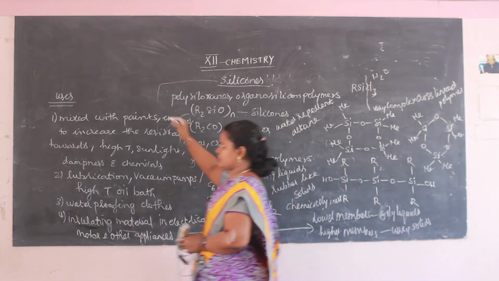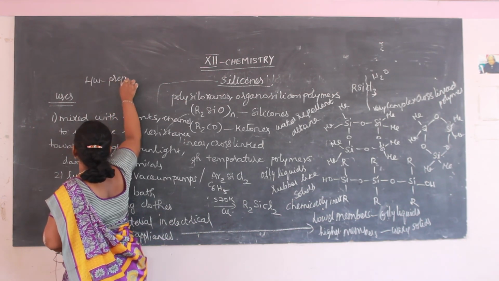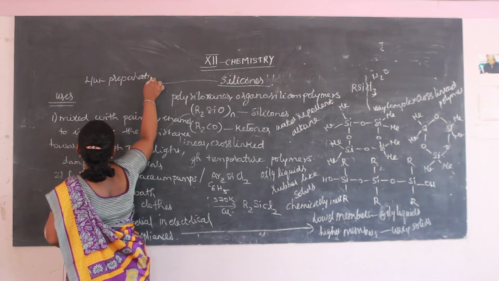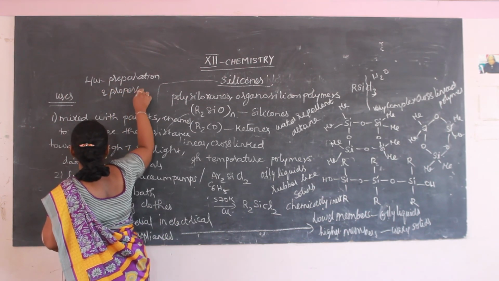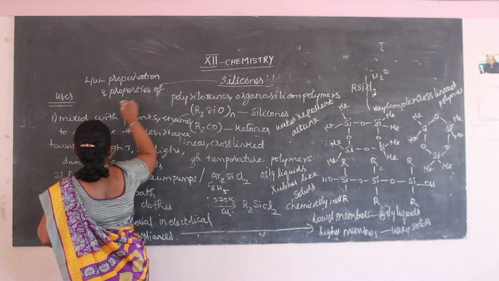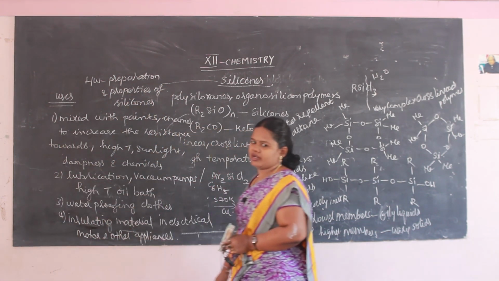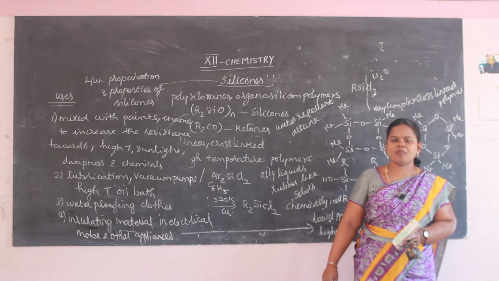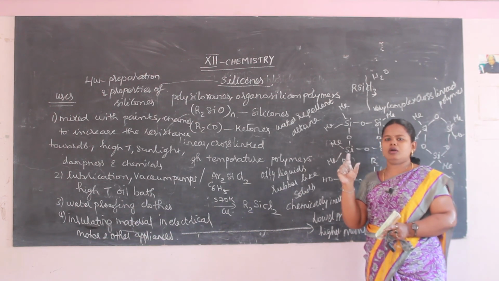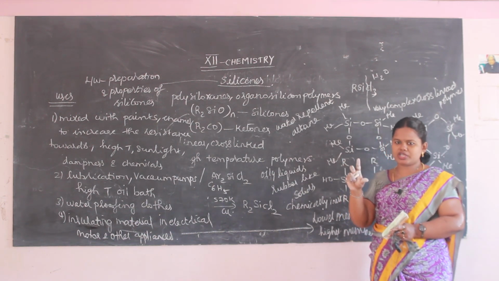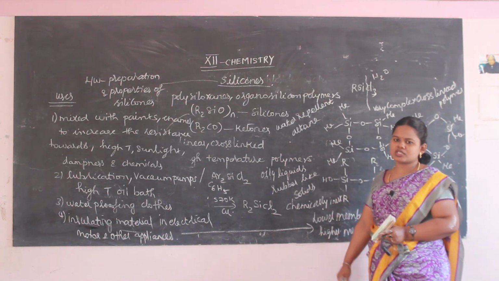For preparation, write only the linear polymer, its equation, and learn the properties. That is the preparation and properties of silicone. So this is your assignment.